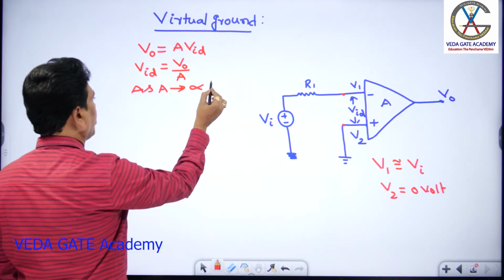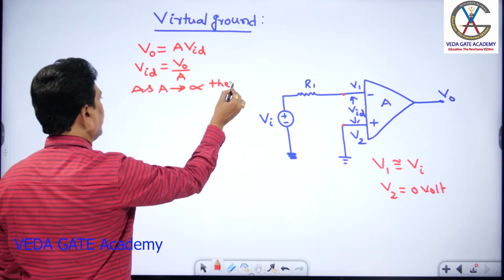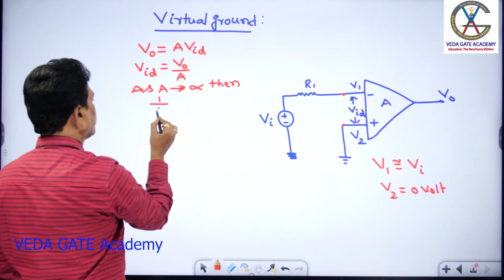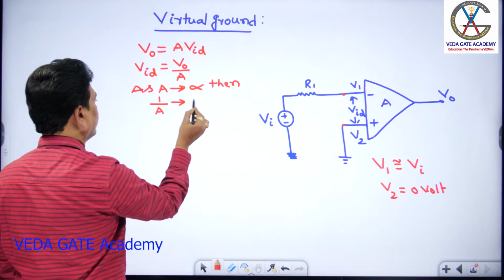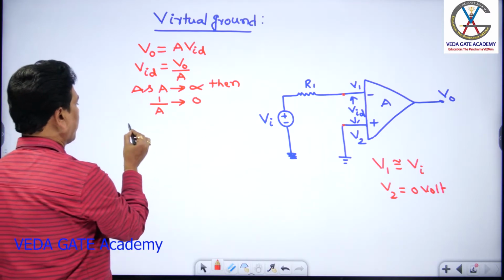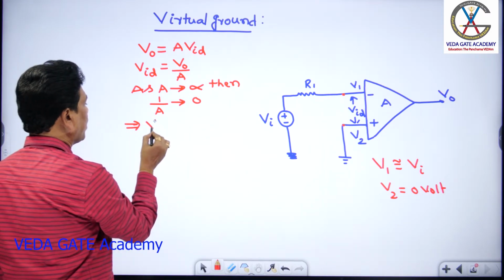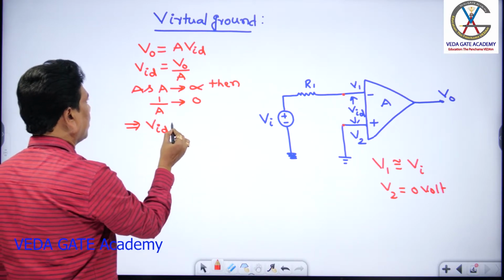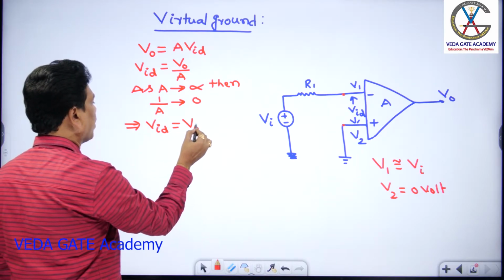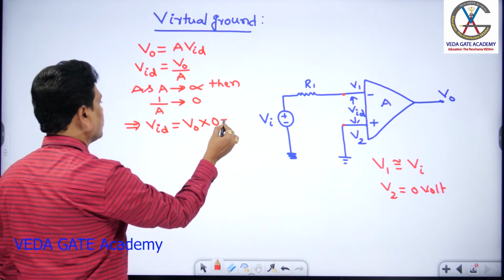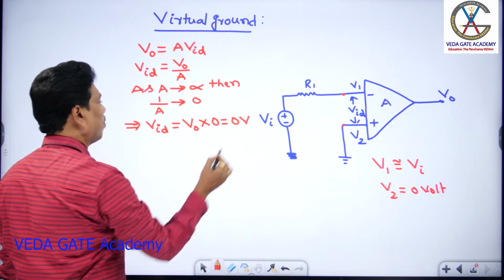As A tends to infinity, 1 by A tends to 0. That implies VID equals V0 into 0, that is 0 volt.